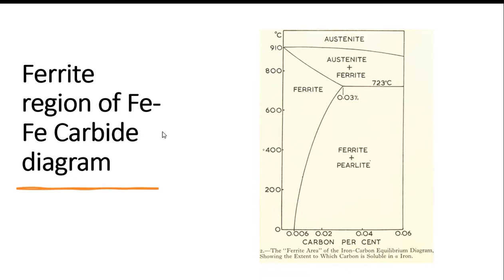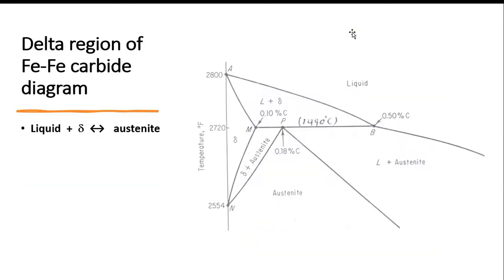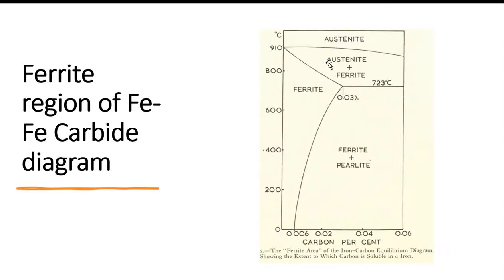Then the ferrite region of the iron carbon diagram. This is 723 degrees Celsius, right? This is the austenite phase, this one. Then again austenite plus ferrite below 910.